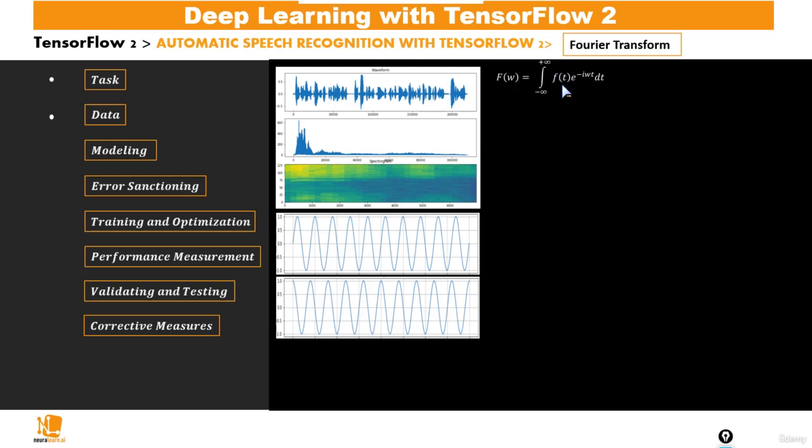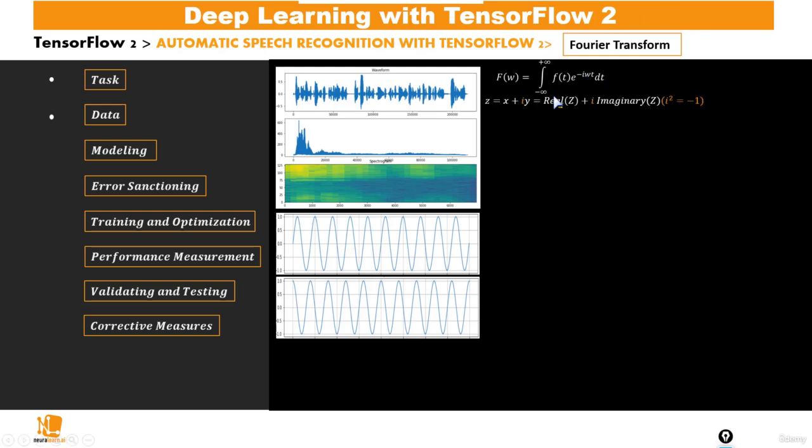If we have a function f of t, to obtain this Fourier transform in terms of omega, recall omega equals 2 pi f, where f is the frequency, we simply integrate f of t times e to the negative i omega t dt, where we move from negative infinity to positive infinity. The i here is such that i squared equals negative 1.